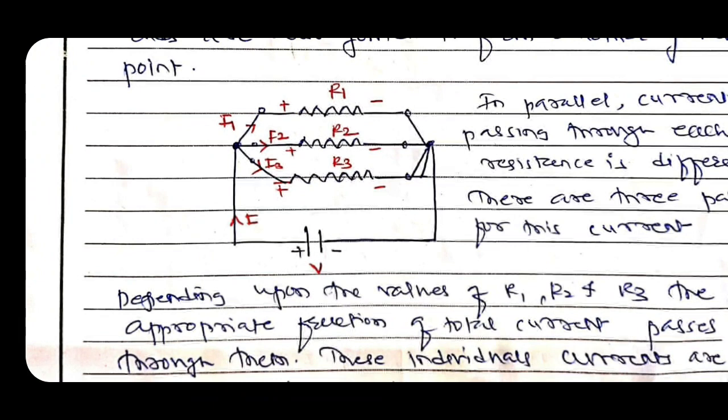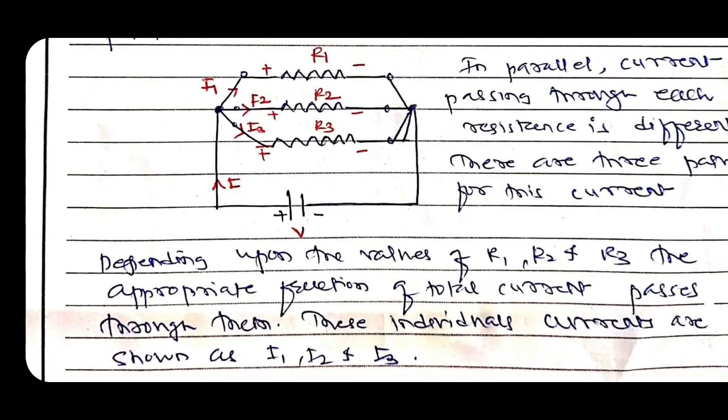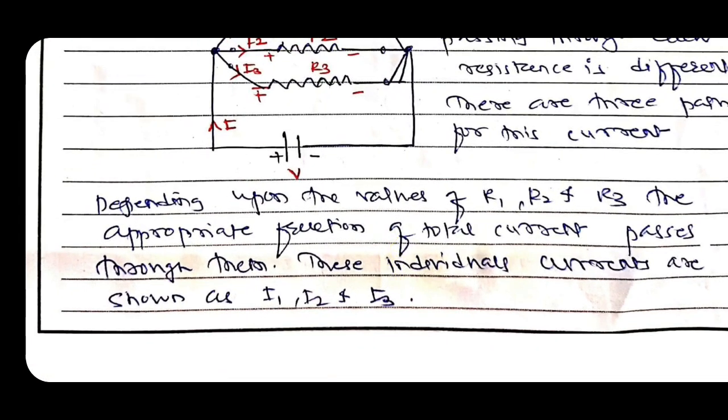Current I1 is flowing through R1, current I2 is flowing through R2 and current I3 is flowing through R3. So there are three paths for the current. In a parallel circuit the current is always distributed, but the voltage across the resistances R1, R2 and R3 is the same. This is very important.